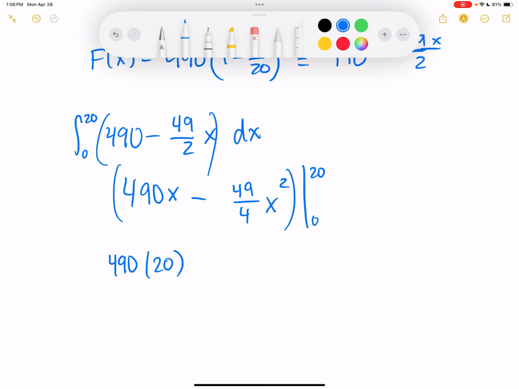So 490 times 20 minus 49 over 4 times 20 squared. And then I'm just going to put minus 0 because all of that would be 0. What just happened?